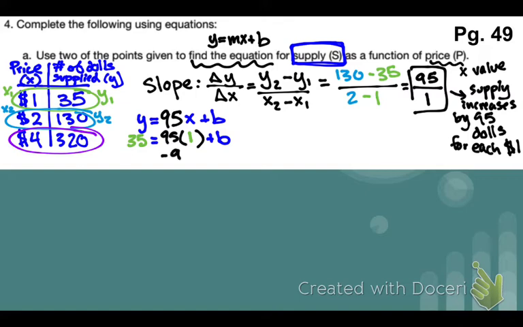So to solve for b, I have negative 60 equals b.